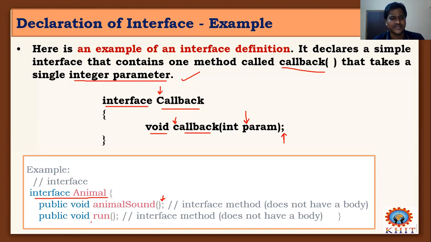The same way this method also. So this is the concept related to the declaration of an interface only. Next we will see examples that illustrate everything we discussed in the introduction and declaration parts, and then the implementation part.